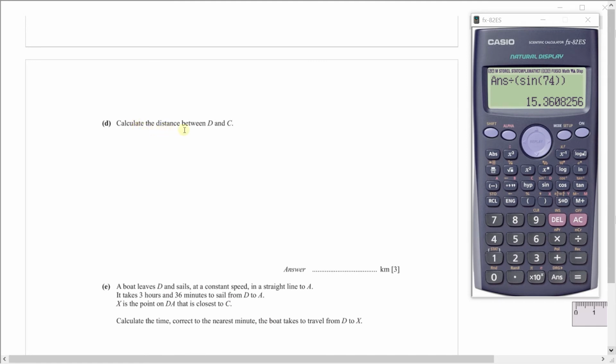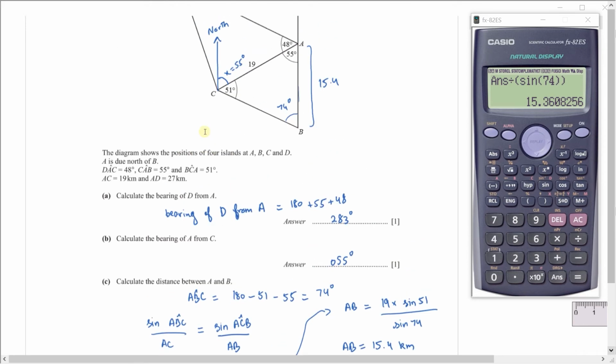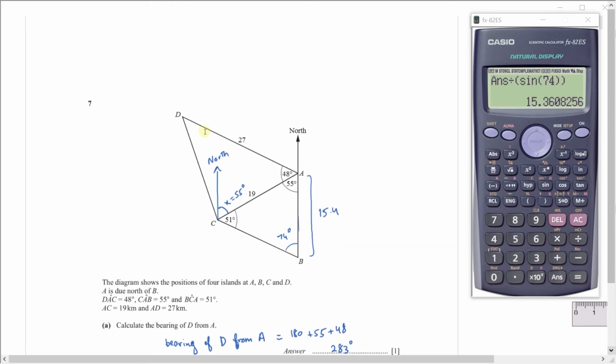Part D is calculate the distance between D and C. So let's look at this triangle. So let me just erase this. So we are interested in finding this distance DC. Now if I look at this triangle ACD, I know two sides of this triangle and I know the angle between them.